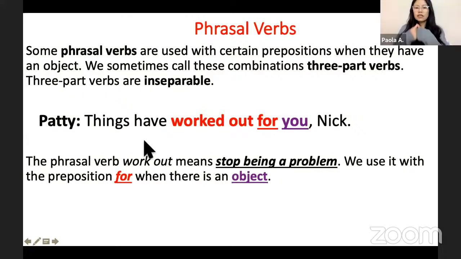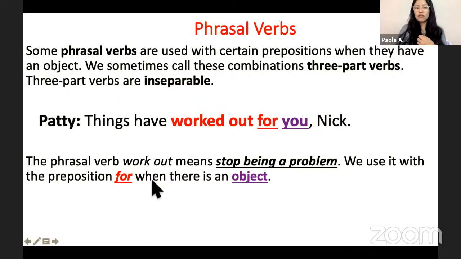So like it goes well, basically. It has a good ending, or that means work out, like things went well, basically. They were good. It could also be presented like stop being a problem, but I think it's more positive. Things work out, it went well.